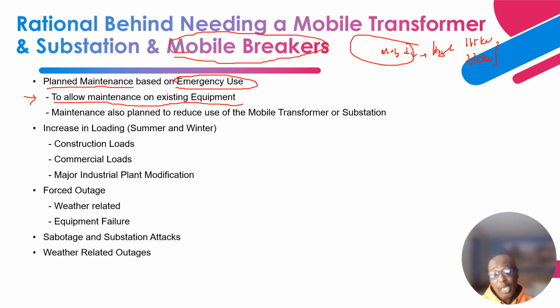Basically the first statement speaks for itself: to allow maintenance on the existing equipment. So let's say you have a substation that has a fixed transformer, and you want to perform maintenance on the equipment, but looking at the substation and the customers that it feeds, you can't afford a 1 week or 2 weeks maintenance.